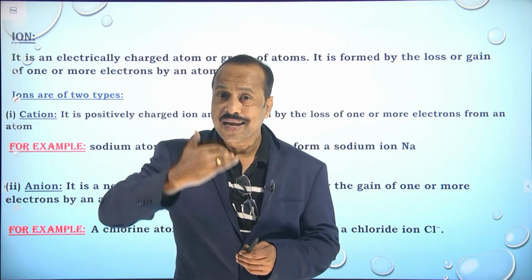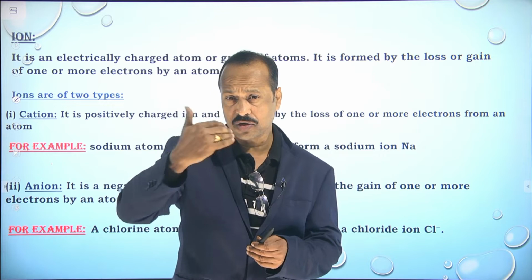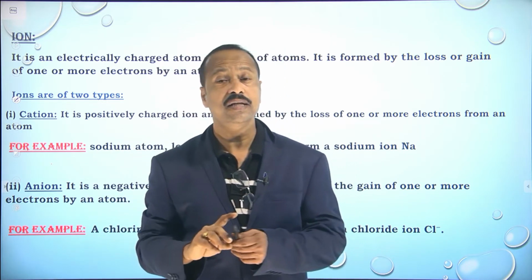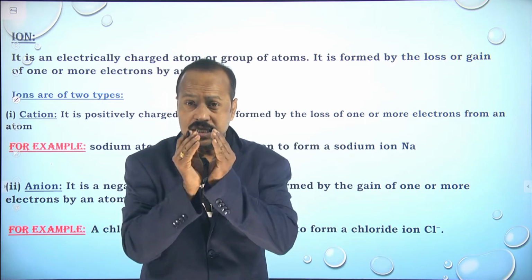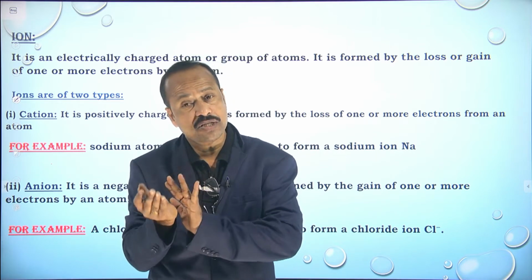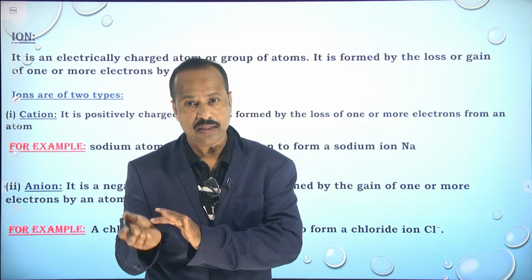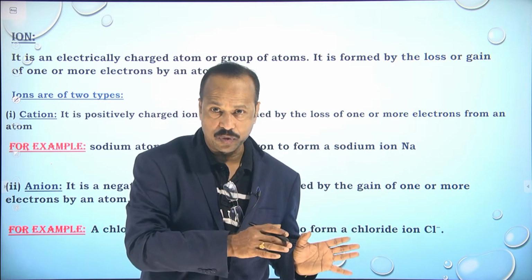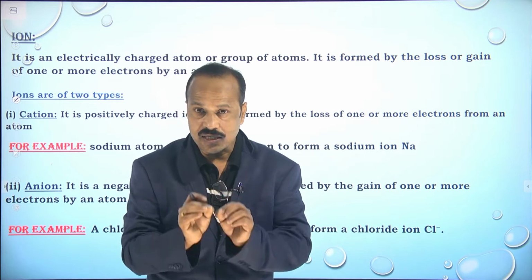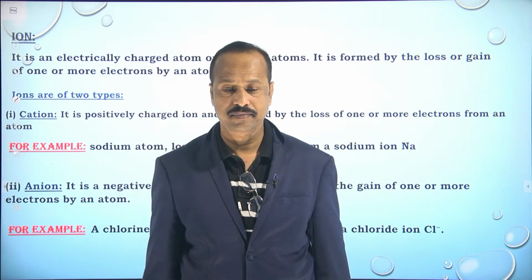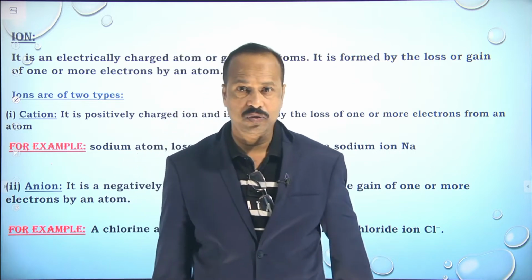So when electrons transfer from one atom to another, these neutral atoms become charged, either positive or negative. These charged particles are called ions. Is this clear to you, ions? Yes or no?